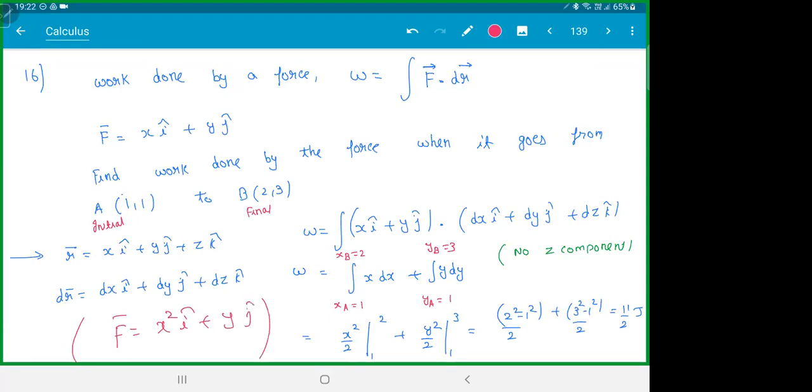Solve for this. You just need to make this x square, nothing else changed actually.